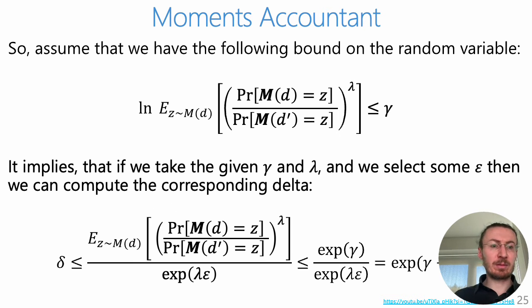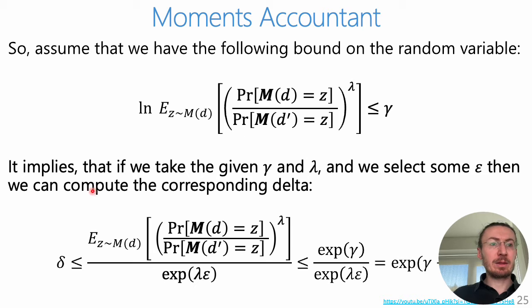The main goal of this derivation was to define the privacy accounting in a different way, and we assume that we have the following random variable.